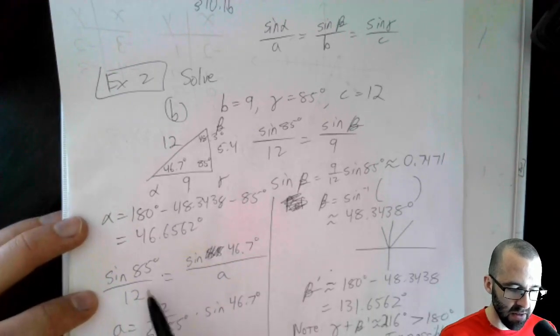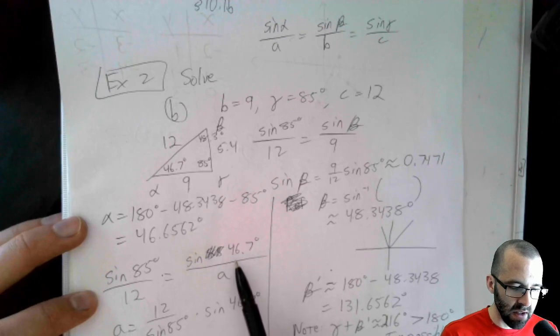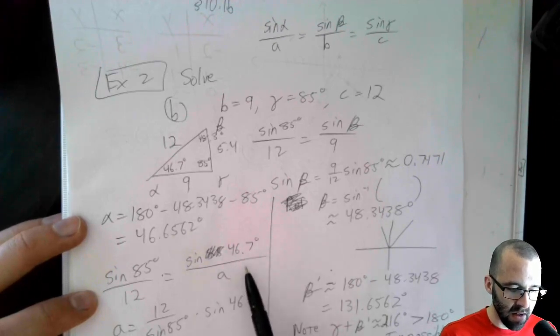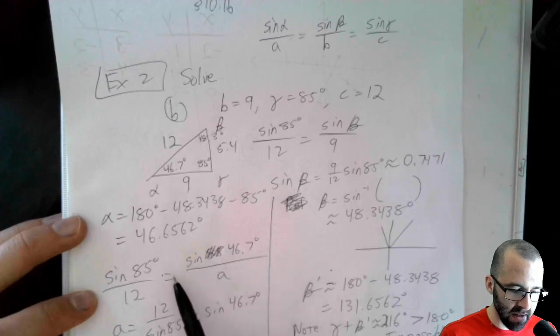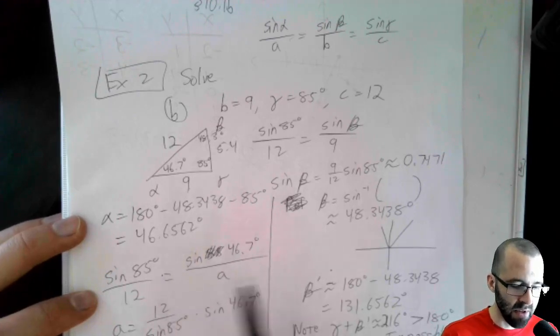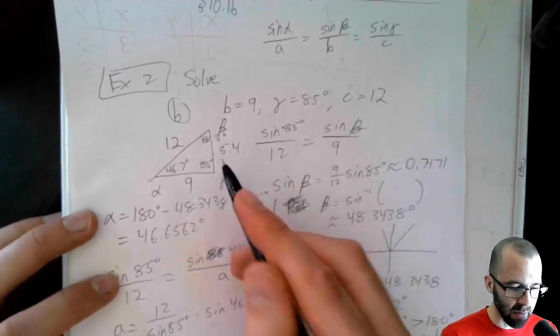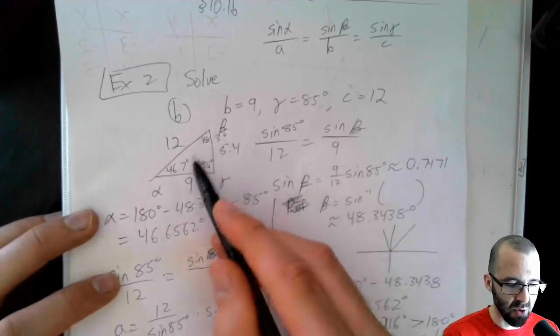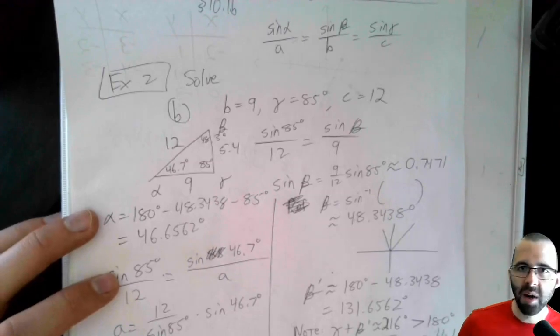Sine 85 over 12 equals sine of this divided by a. Multiplied both sides by a. Reciprocal. All right, I might investigate this a little bit more because my gut check feels a little weird on this one. But if there's a problem, I will let you know.